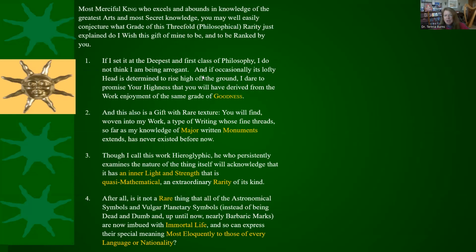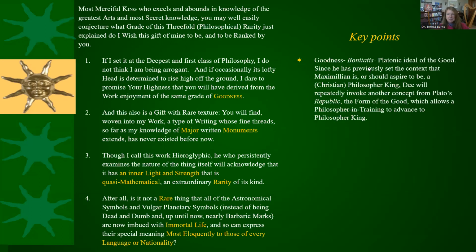To continue. "And if occasionally its lofty head," what is that? That's the part of the monad glyph that is the circle with the moon coming through. "If occasionally its lofty head is determined to rise high off the ground, I dare to promise your highness that you will have derived from the work enjoyment of the same grade of goodness." Again, that's bonitatis.